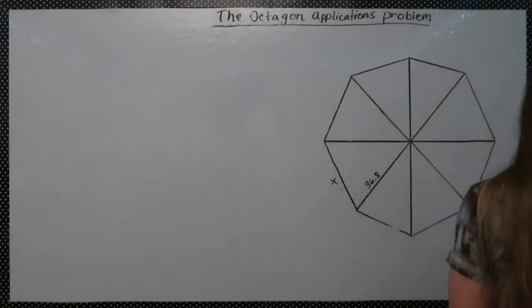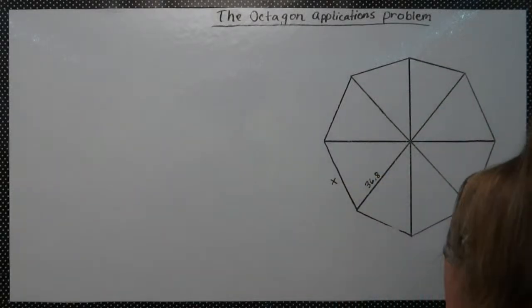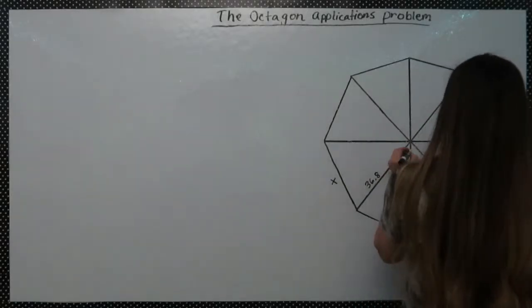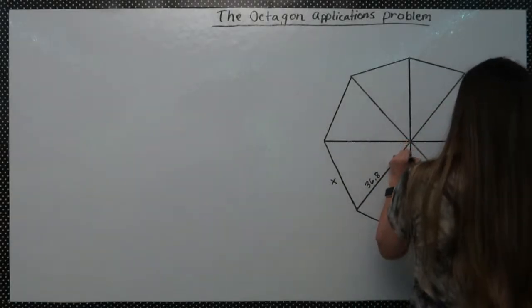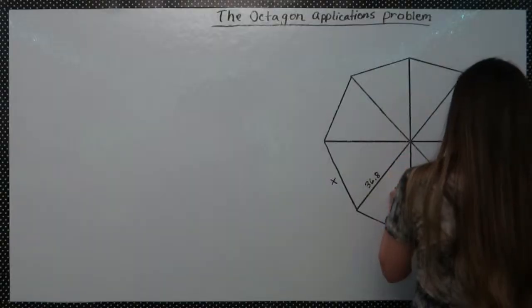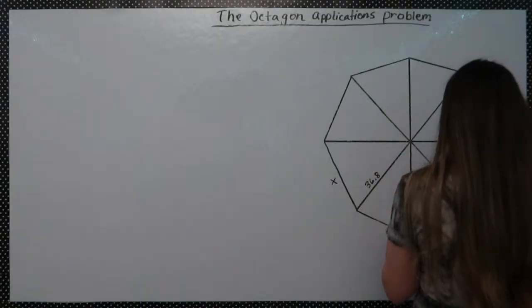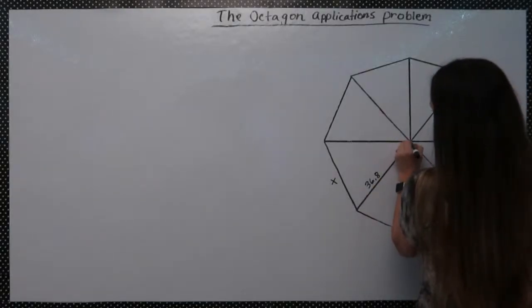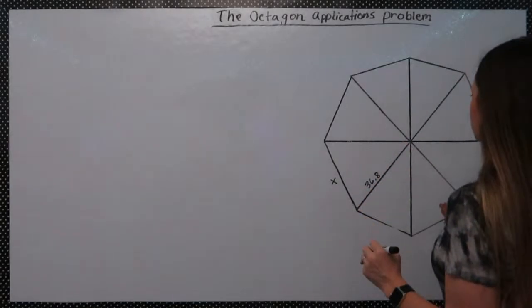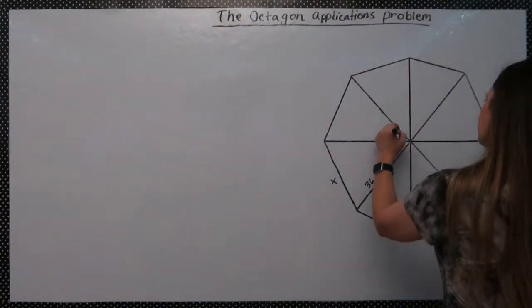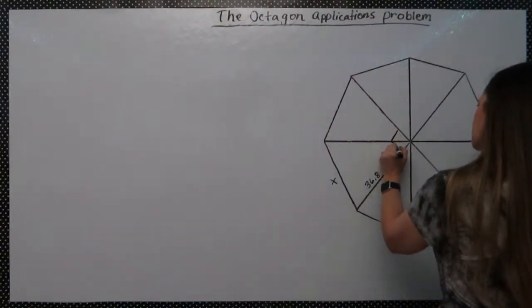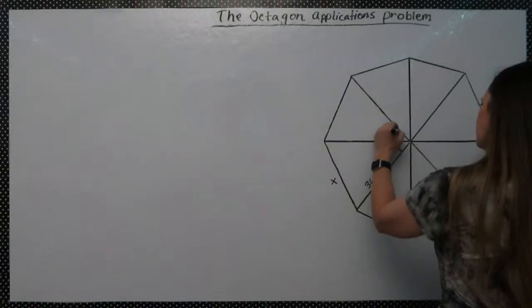But so this is kind of how, and I didn't get to work this out on the board, but I did do a little bit of work on this problem. And so what I did was I used the fact that this right here is a 90-degree angle.